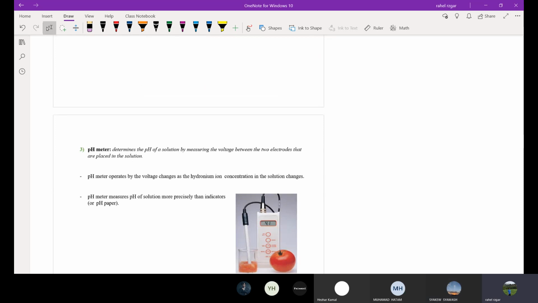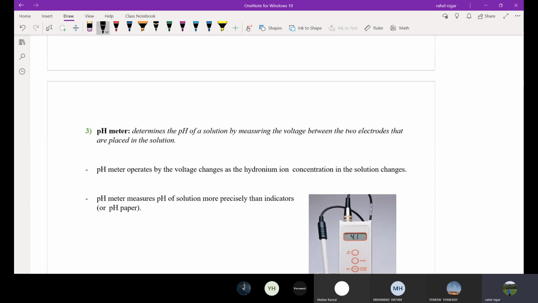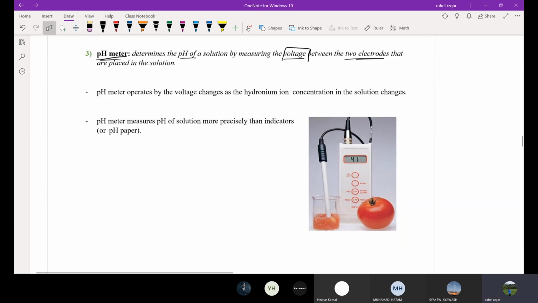pH meter. pH meter is a device. It's a device that determines the pH of a solution by measuring the voltage between two electrodes. What are those two electrodes? I will draw this stick in a bigger way. It contains two electrodes. These are the electrodes here.